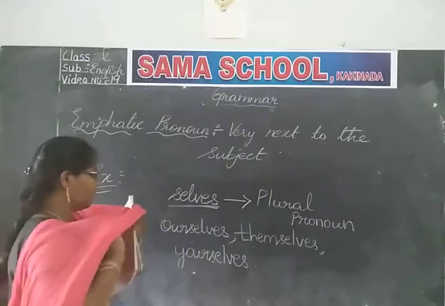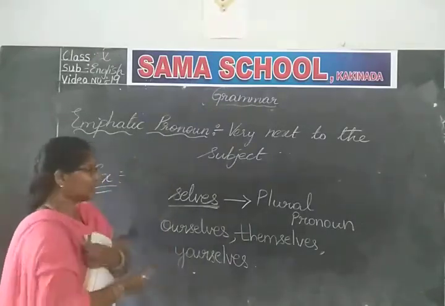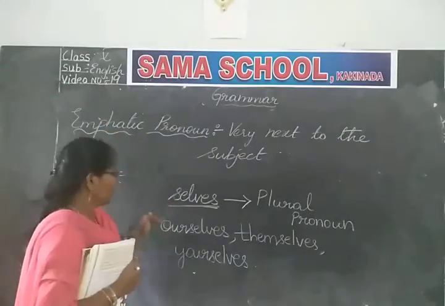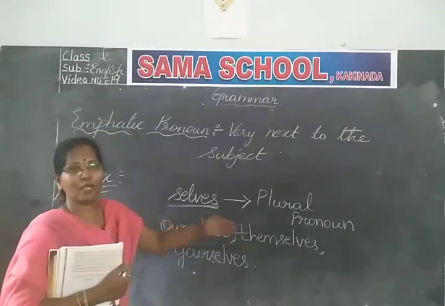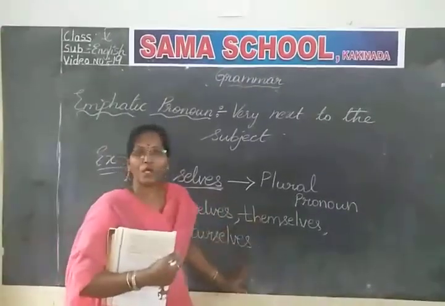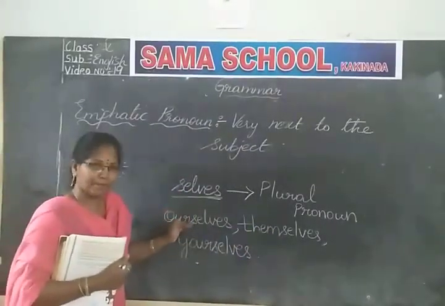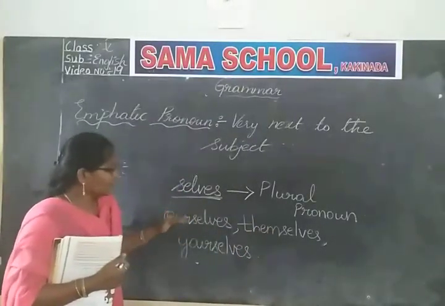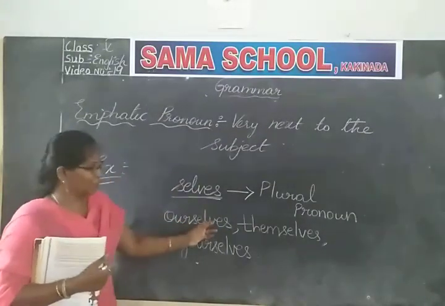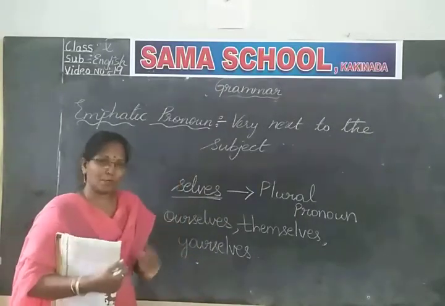Am I clear in that? Wherever the subject is in plural form, we should use the emphatic pronoun or reflexive pronoun in the plural form. If the word is ending with ourselves, themselves, yourselves, this pronoun is plural. Okay children? Along with the subject which is in plural form, we use the plural reflexive or emphatic pronoun.